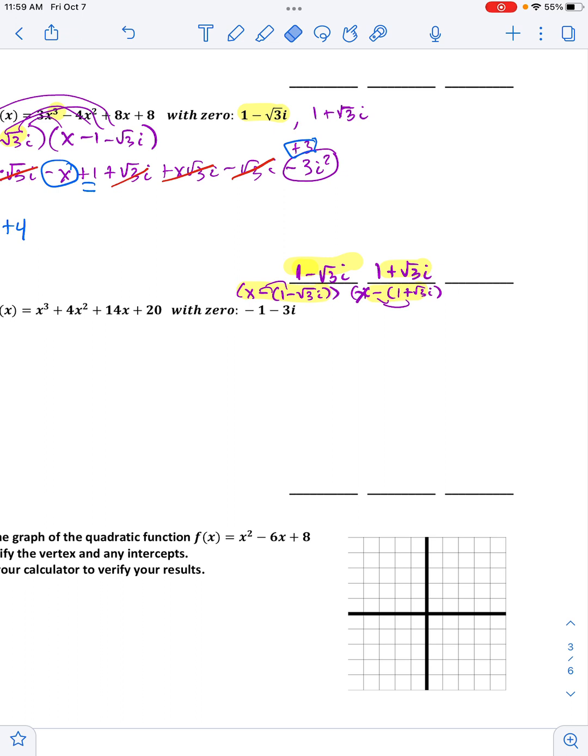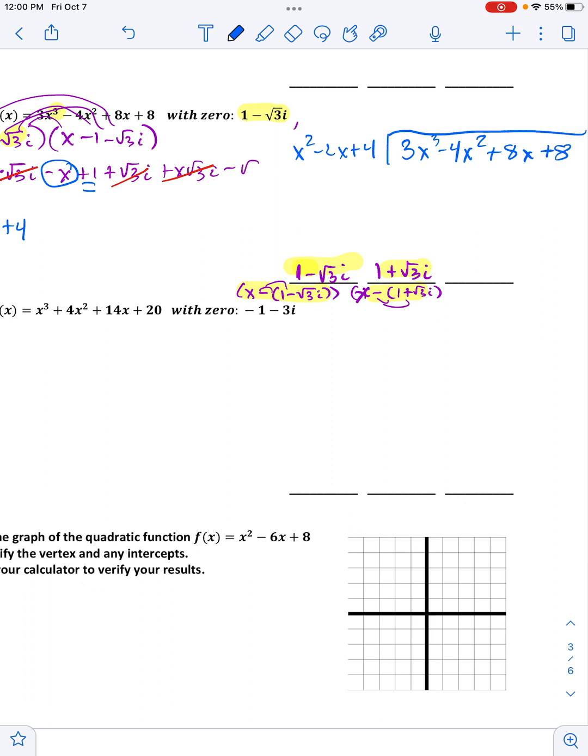And actually, the long division part of these is easier, I would argue. My concern right now is whether I have room in this spot, but I'm going to give it a go. I'm going to erase this and the end of this and see how we do. So I need to take that x squared minus 2x, whoa, I should write it in a straight line. x squared minus 2x plus 4, and I'm going to divide that into the original polynomial, which was 3x cubed minus 4x squared plus 8x plus 8.